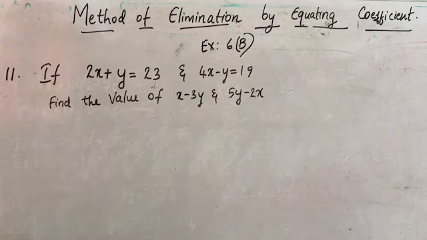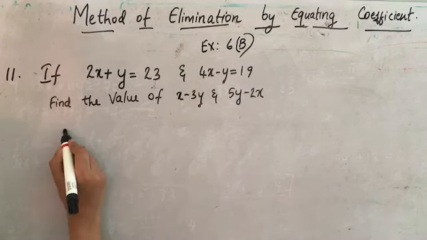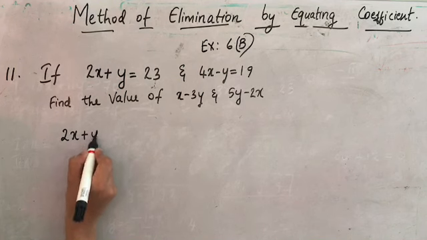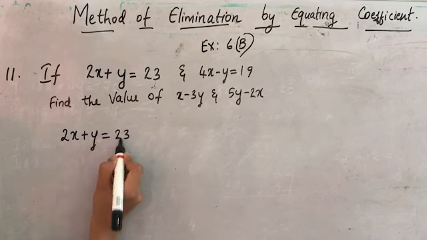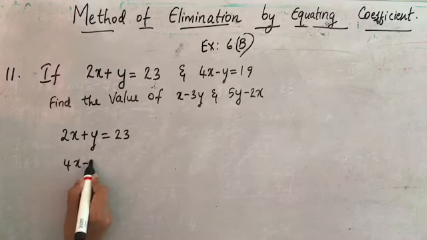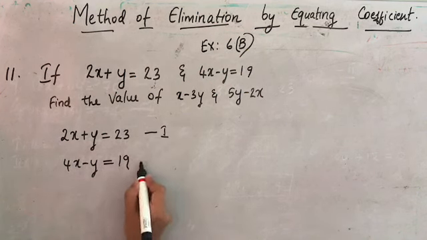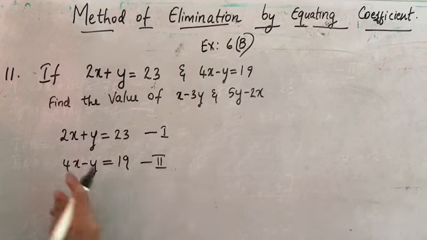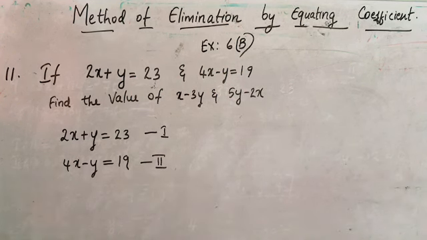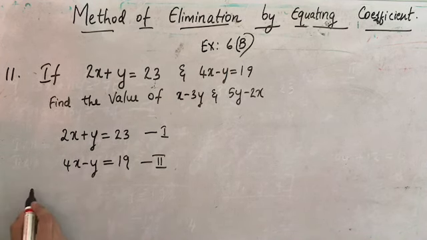So let us take the equations first. So you have 2x plus y equals 23, and 4x minus y equals 19. So in this case, have a look at it. We do not have to multiply any number to the first equation and second equation because the y coefficients are equal. So let us directly add the equations.